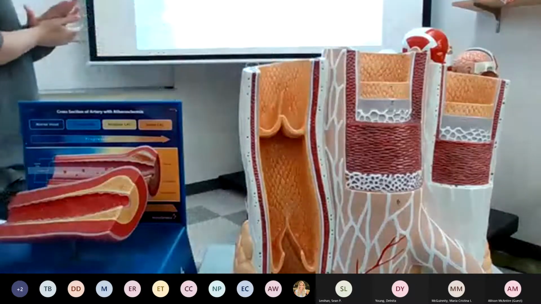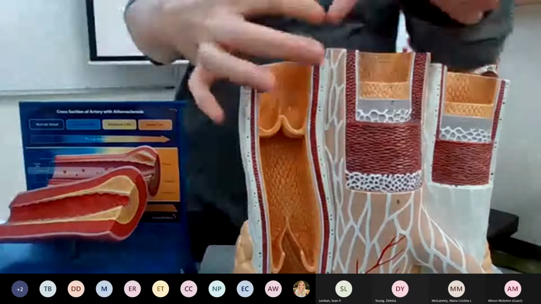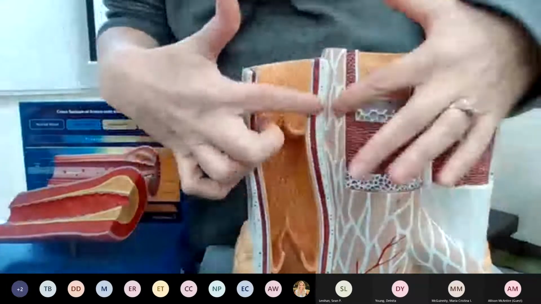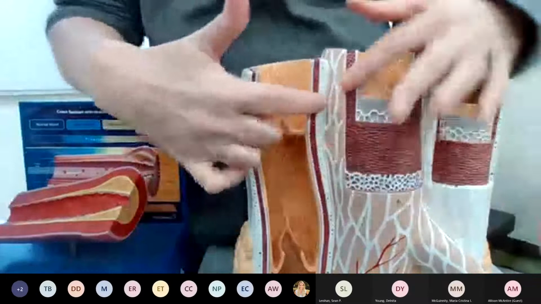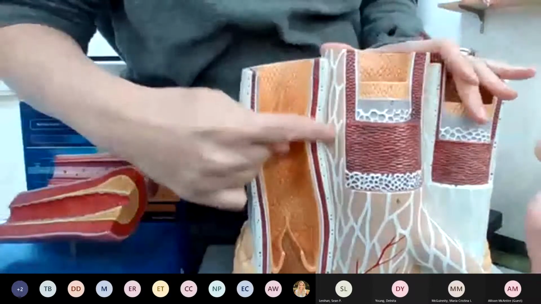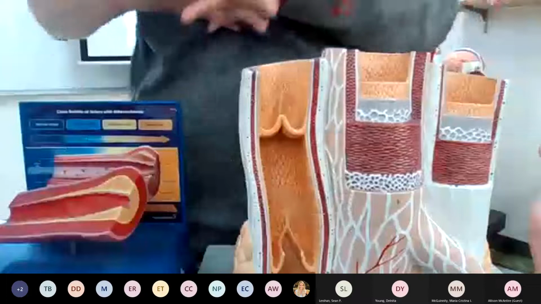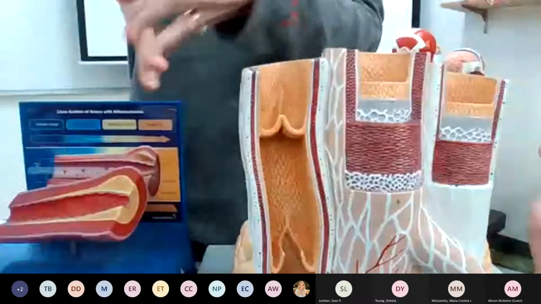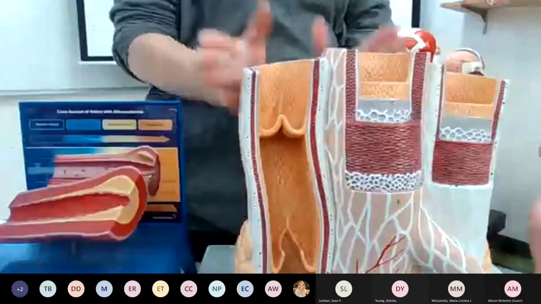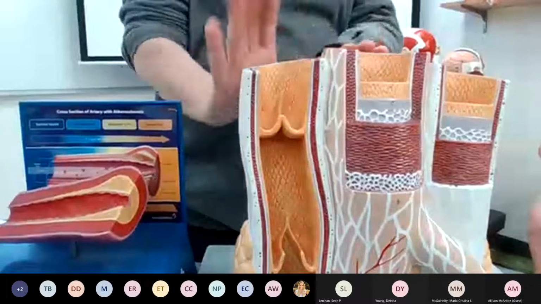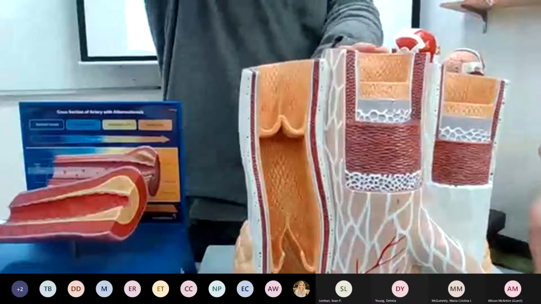Okay. These tunica externa layers, because veins and arteries, especially our big ones, tend to run together, the collagen of this tunica externa layer and the collagen here are going to mesh and weave so the two vessels can run together. As they run together, it's less likely for this one to get kinked or pinched off.